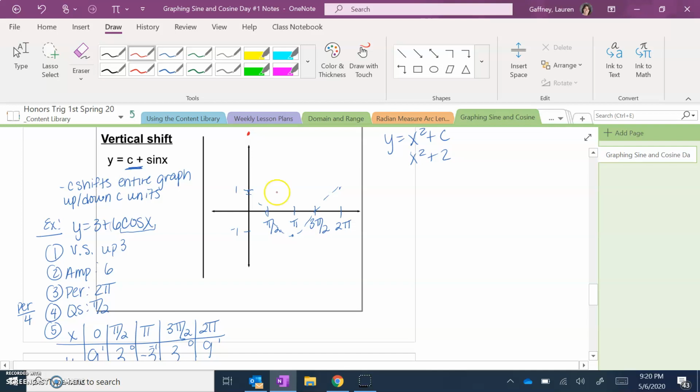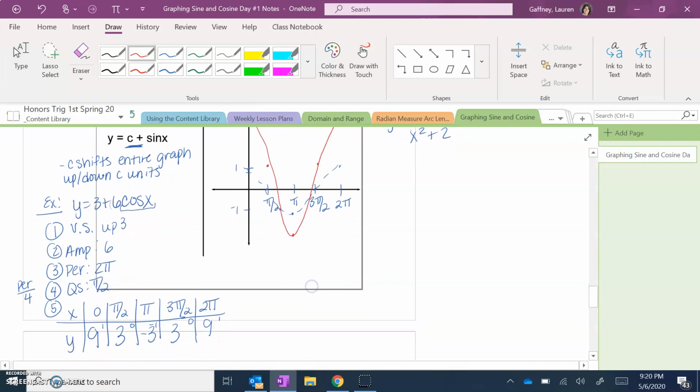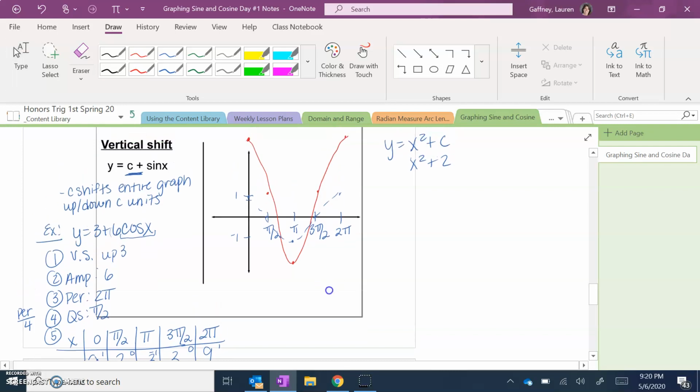So I'm up at 9. Then I'm at 3. Sorry, I should totally scale this here. And then I'm back up at 3 and then back up. So not only do we have an amplitude that stretches by 6, and we move up 3 as well. This center line here, which is normally on the x-axis, was moved up by 3.